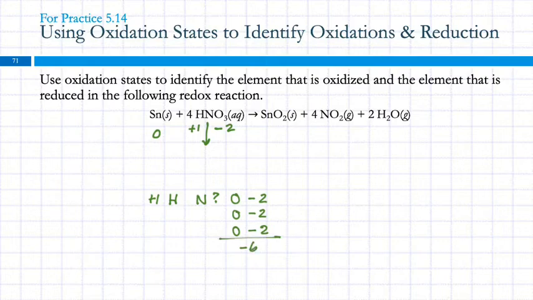So a total of -6, that's our question mark, and this is +1. And what do these need to add up to? 0. This is a neutral molecule. So the question mark here then has to be +5.